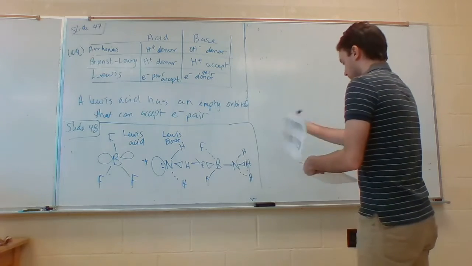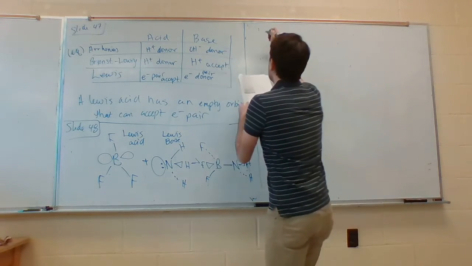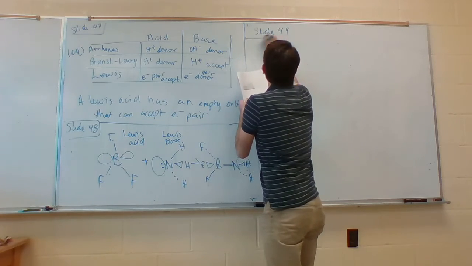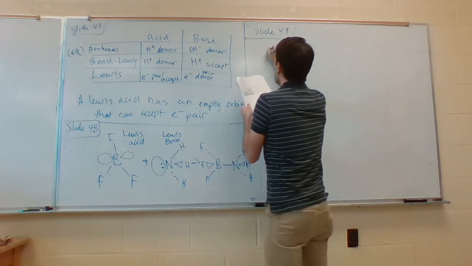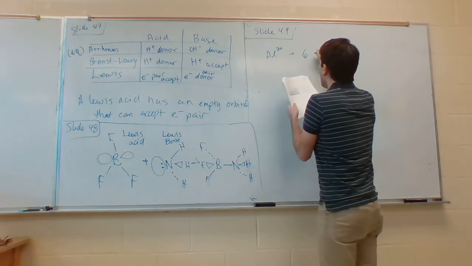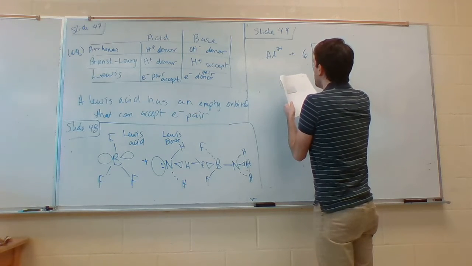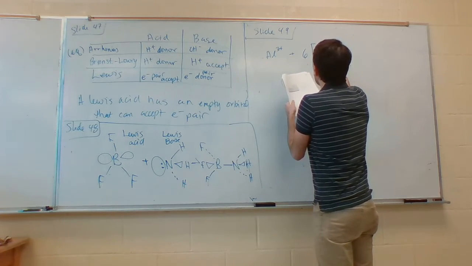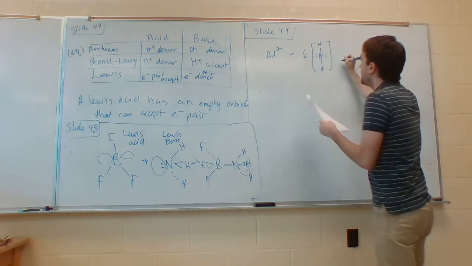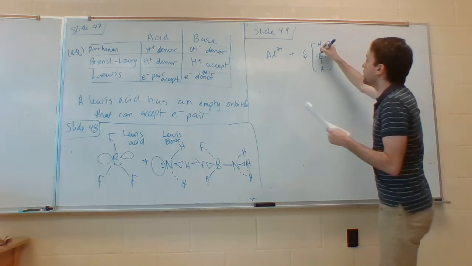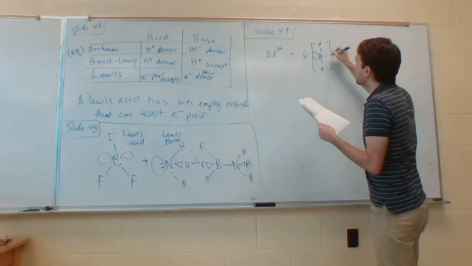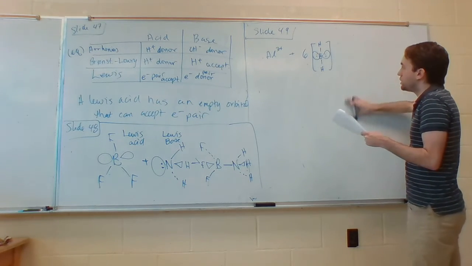All right, let's do one more example on slide 49. Let's say that we have aluminum 3+, and we add 6 waters. I'm going to draw my water like this, where I have an O, H, and another H. So I've got 6 waters. Notice that I have 2 sets of lone pairs that I can donate.